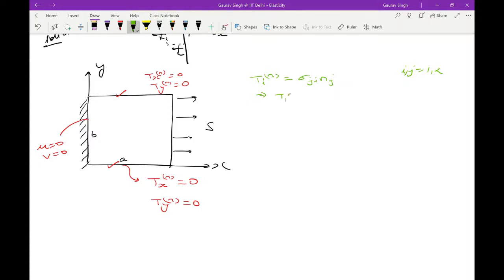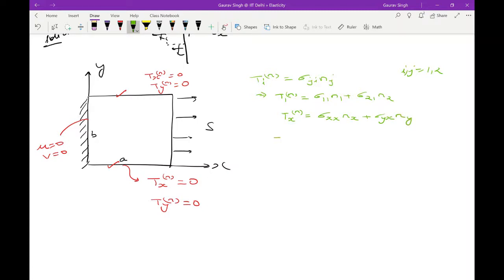We can write T1 of n is equal to sigma 11 n1 plus sigma 21 n2, or this can be written as Tx of n equal to sigma xx nx plus sigma yx, or tau yx, whatever we want to call it, I'll just write sigma yx, ny.